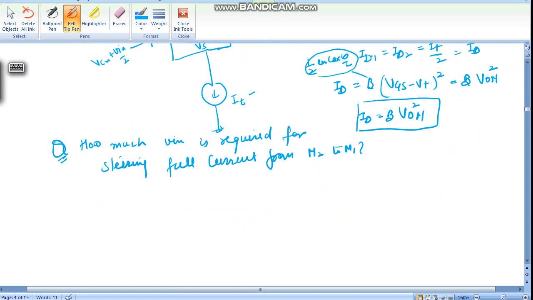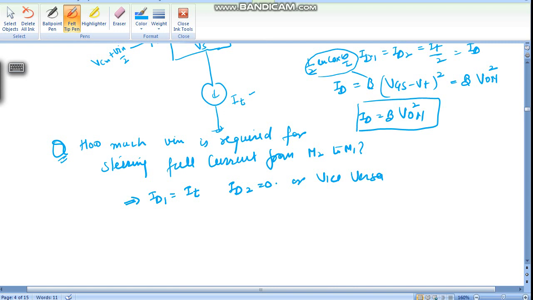What does this mean? So this means ID1 equals IT and ID2 equals 0, or vice versa. So how much input voltage V in is required to do current steering in diff pair?